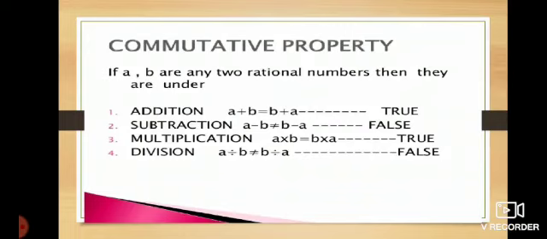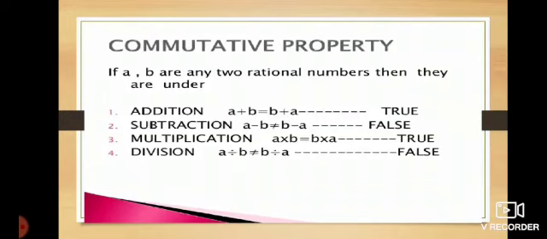In multiplication, when any two rational numbers are multiplied, for example 2 into 3, that is equal to 3 into 2. On both left hand side and right hand side, you get the same answer. Hence, commutative property holds good under multiplication.